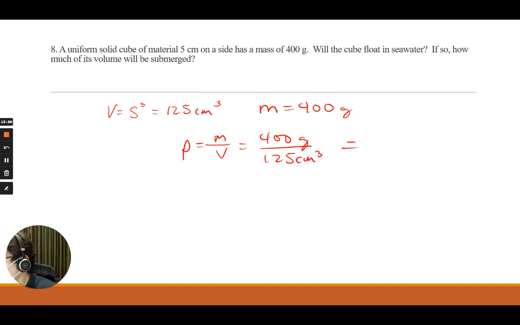What do we get? Okay, 400 divided by 125, we get 3.2 grams per cm cube.